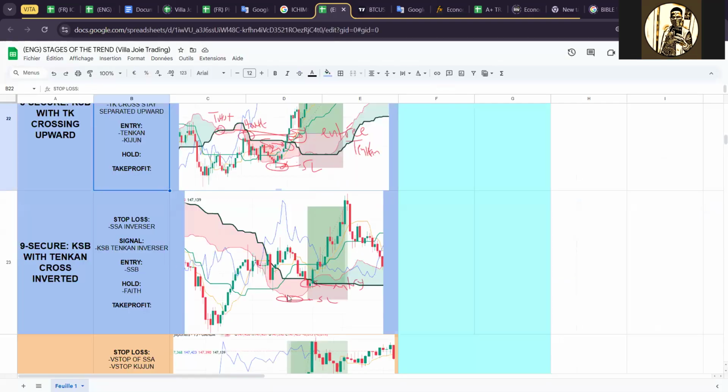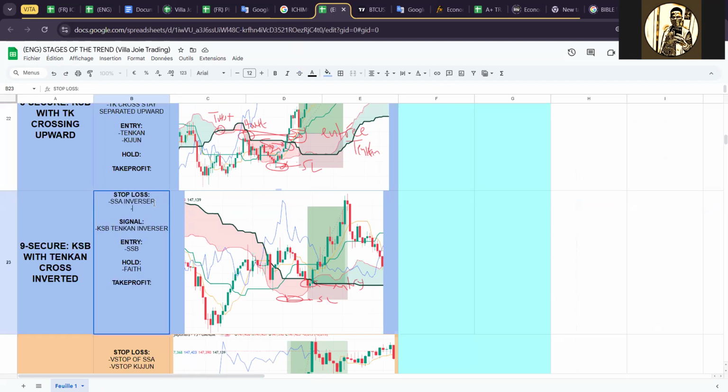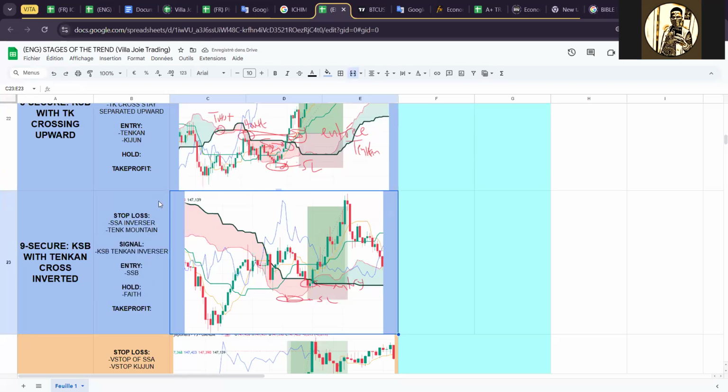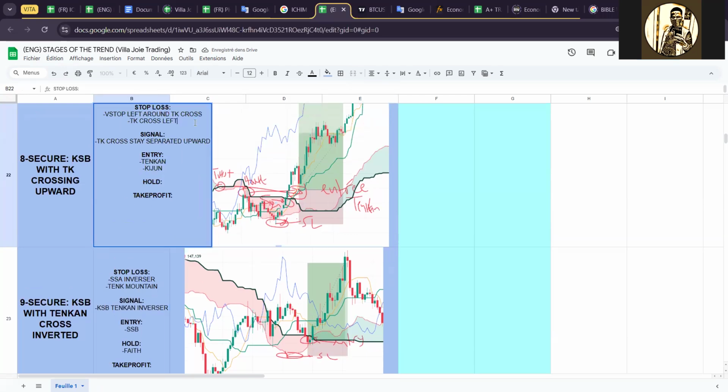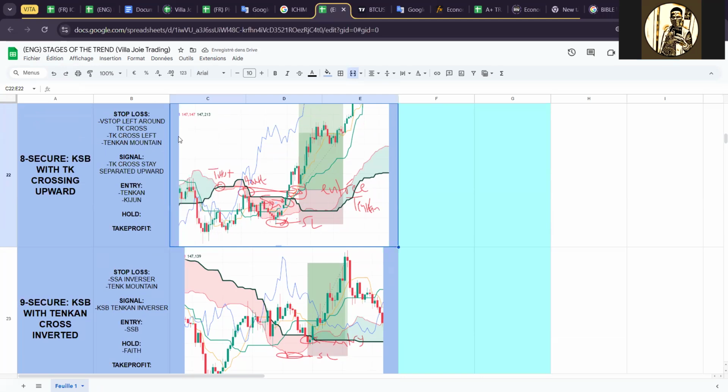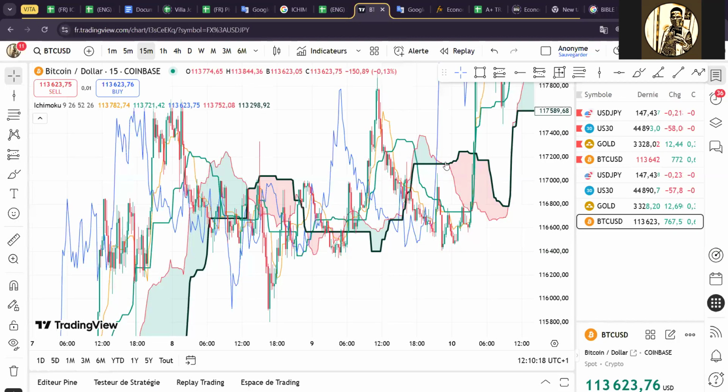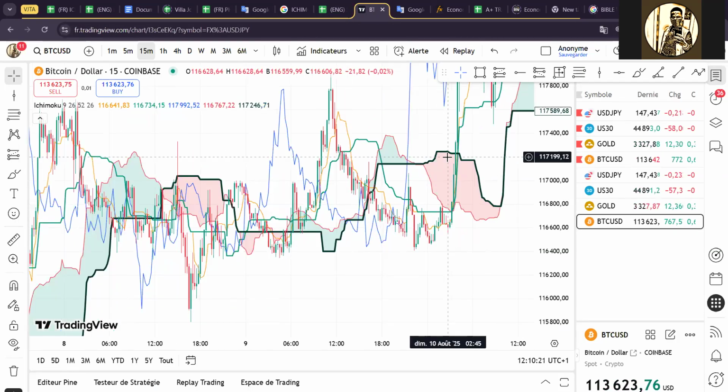I needed to put this one. I forgot this inverted Tenkan Mountain. I need to put it here. Tenkan Mountain. Right. This is what I put here: Tenkan Mountain as a stop loss, even at this point. Okay, you can have that as the maximum stop loss.